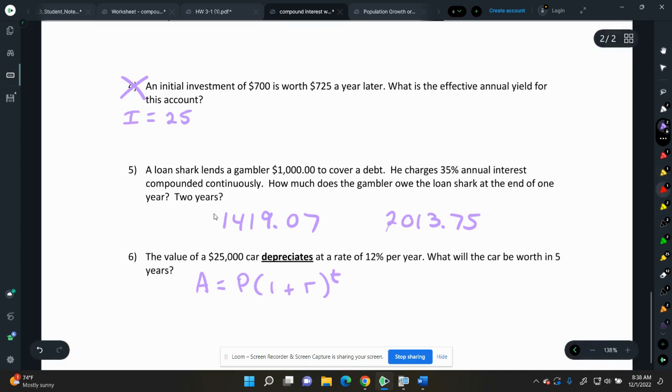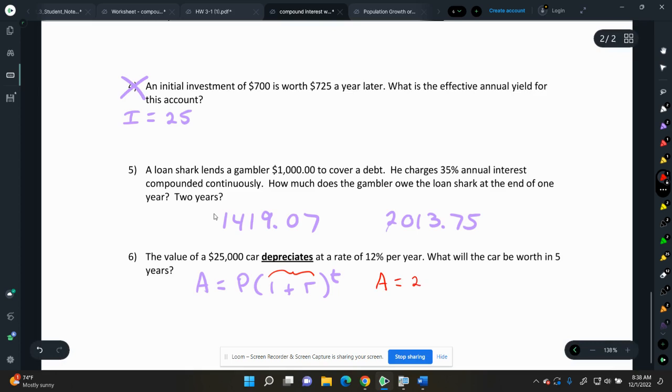And remember in the beginning, I think I was relating it to SAT questions. When this number is greater than 1, that means it's growing. If it's less than 1, it's decaying. Well, when we talk about depreciate, we are talking about decaying.